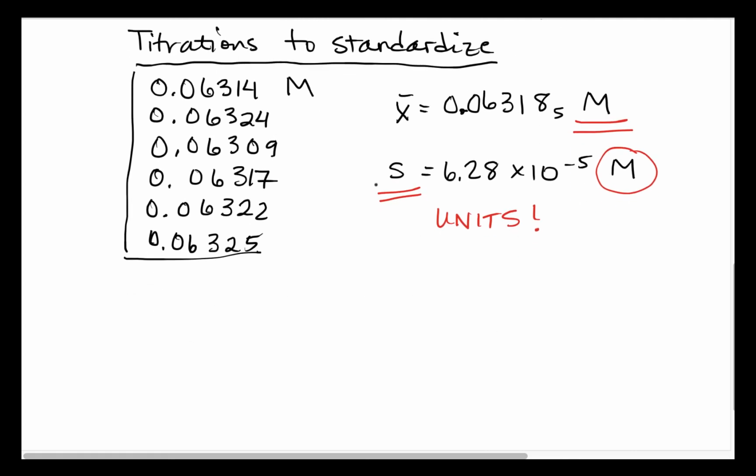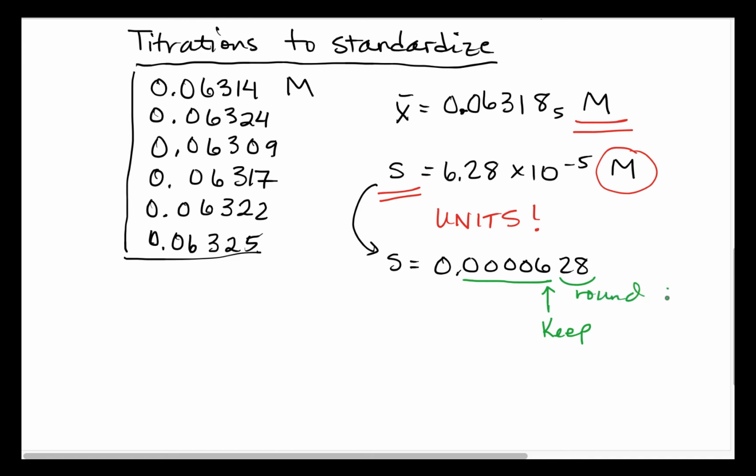So let's go ahead and rewrite this standard deviation, 0.1234628. Okay, so if we wanted to look at the significant digits here, if we're using our standard deviation like uncertainty, then we probably are going to keep this first non-zero digit, and then we're probably going to round and subscript these other digits.